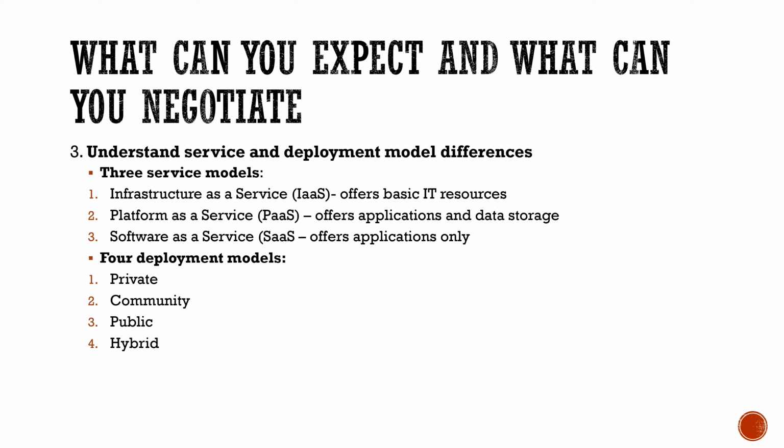Then you also have 4 deployment models. Private clouds, which is commonly something between a vendor and a customer, usually exclusively for the use of that vendor and customer. Community clouds, public clouds, which is what this particular white paper is focused on, and/or hybrid clouds, which is a combination of both.